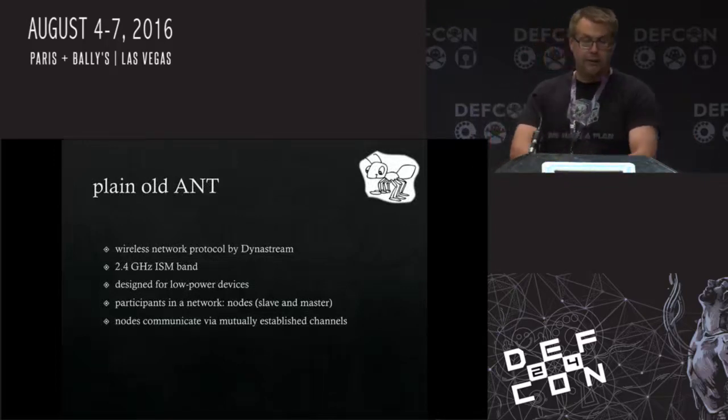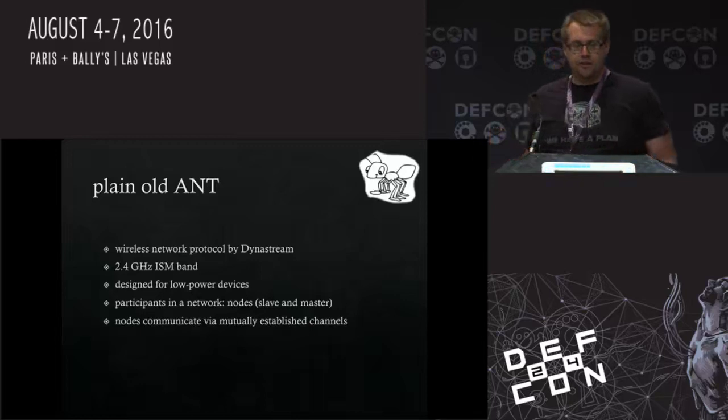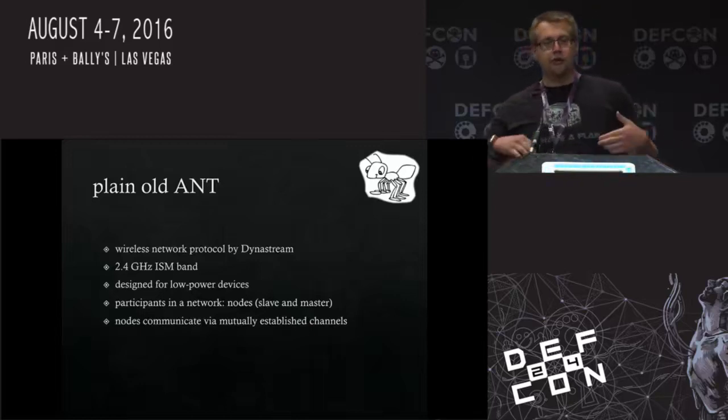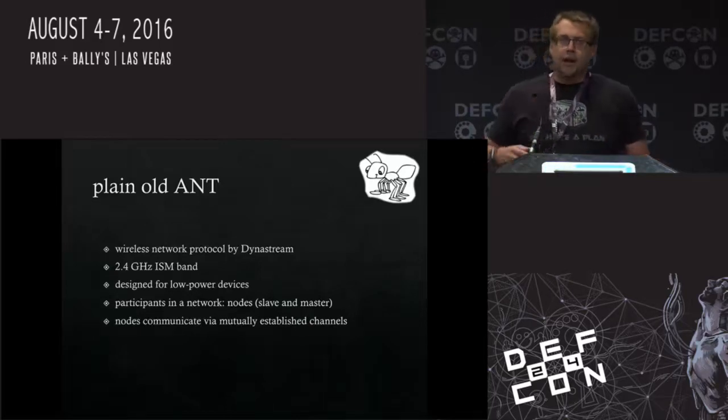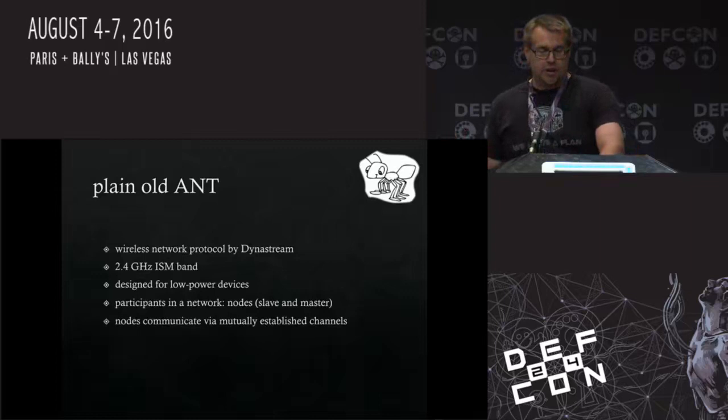So, ANT. ANT is a wireless protocol created by Dynastream, and it is designed for low-power devices. You can create any kind of network topologies, and the participants are called nodes. There are slave and master nodes, and these nodes are communicating via mutually established channels.